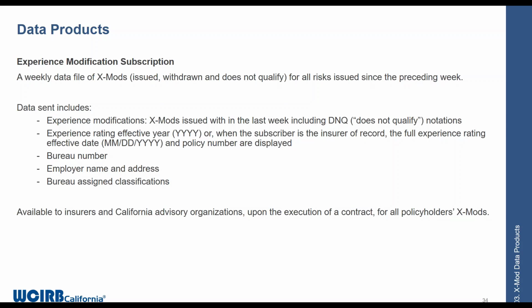So this product is available to insurers in California advisory organizations after they have executed a contract. They're getting all mods that were published from the last time that the product was produced until this week. So again, once a week this product is produced.